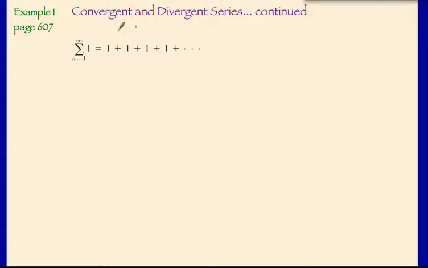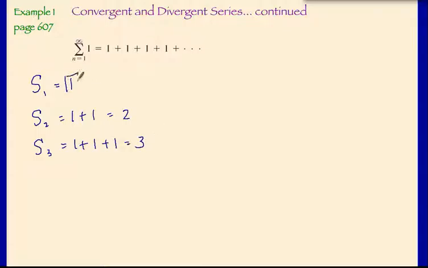Now let's look at this guy. You might already be able to look at this guy and see that chances are it's not going to converge. Because look what happens when we start adding up partial sums. We get s of 1 is 1. We get s sub 2 is 1 plus 1, which is 2. We get s sub 3, which is 1 plus 1 plus 1, which is 3.